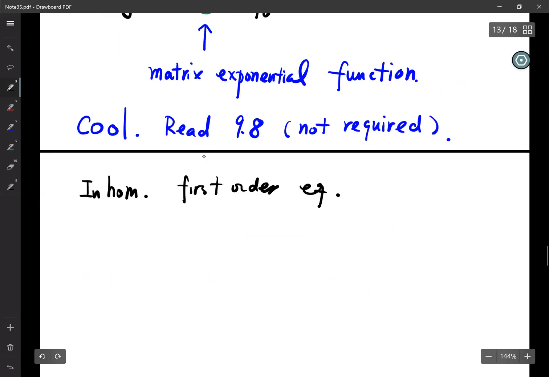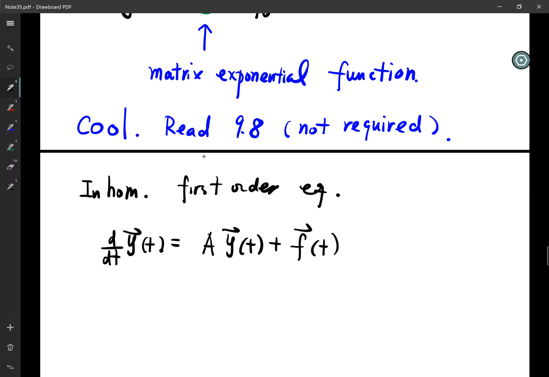So d/dt y(t) equals A y(t) plus f-hat(t). Again, this covers all the previous inhomogeneous high-order differential equations. And the technique I want to introduce is called variation of parameters.